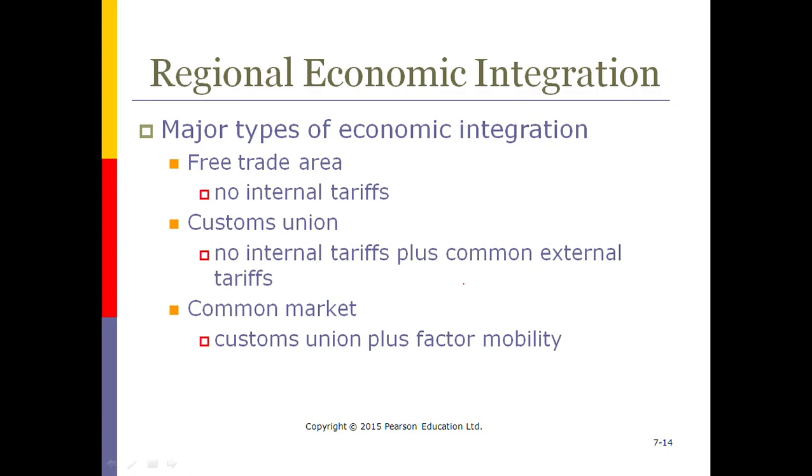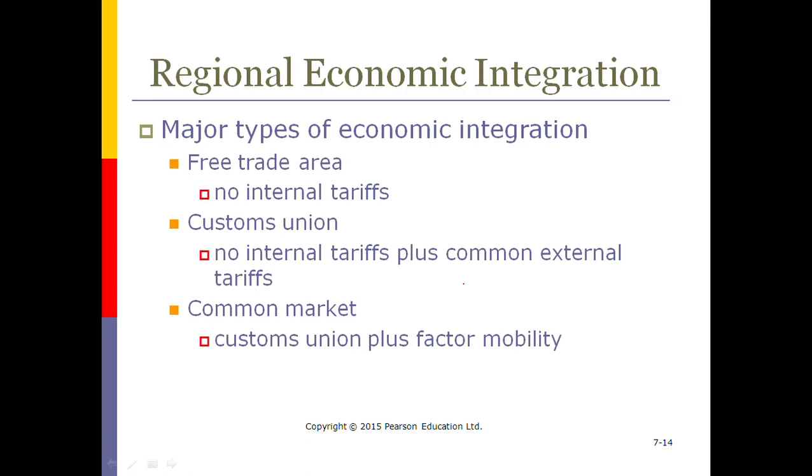Meaning that, let's say Saudi Arabia is having an agreement with the GCC, and let's say GCC is a regional agreement, so they would have an agreement that we wouldn't be charging tariff between us, and also we charge the same tariff to any other party outside the GCC. So that would be called the customs union.